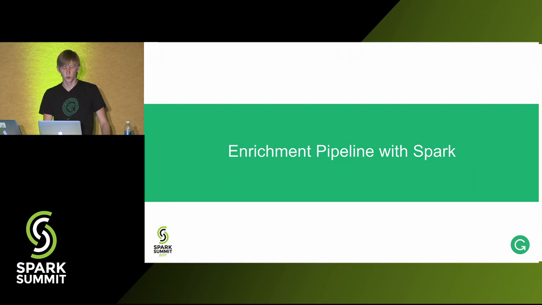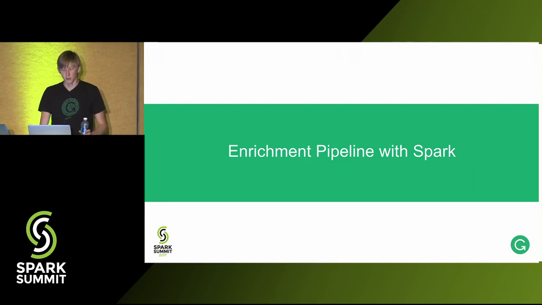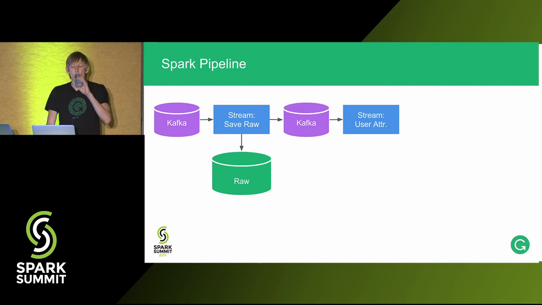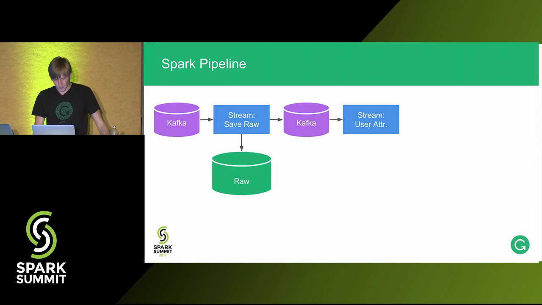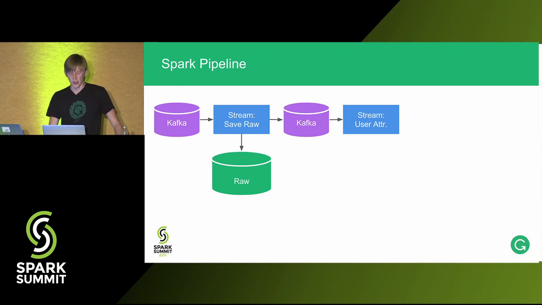Let's figure out how we actually build this whole pipeline that will perform several steps of enrichment as we go. So we already saw this picture where we just save data to some long-term storage, taking it from Kafka. As a next step, we would probably want to write data to some next Kafka and read it from there in order to perform user attribution.